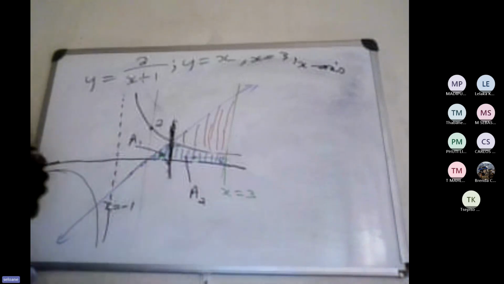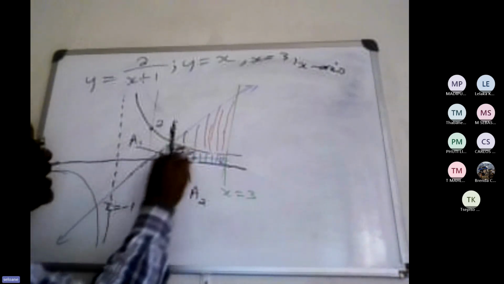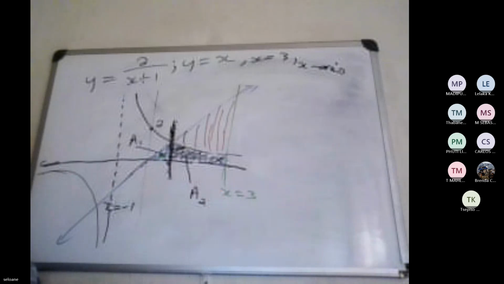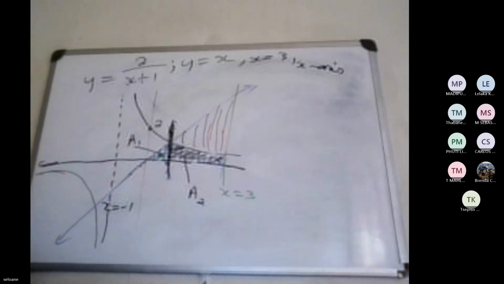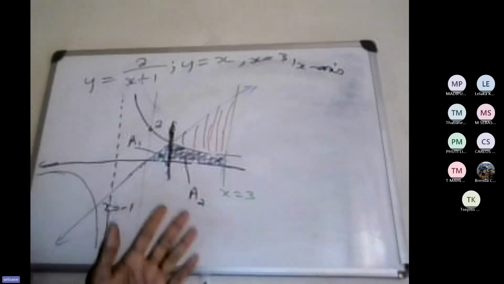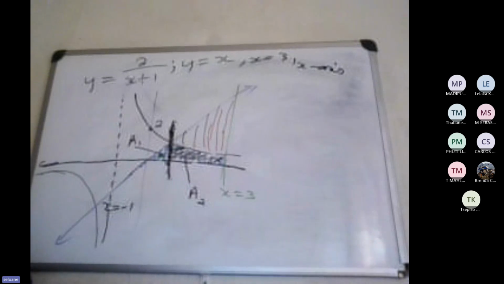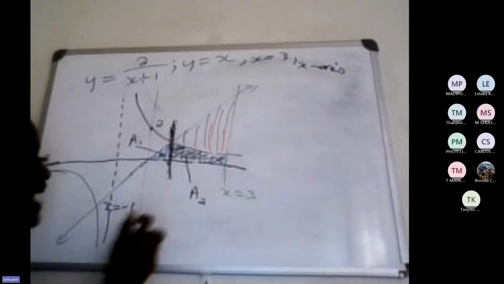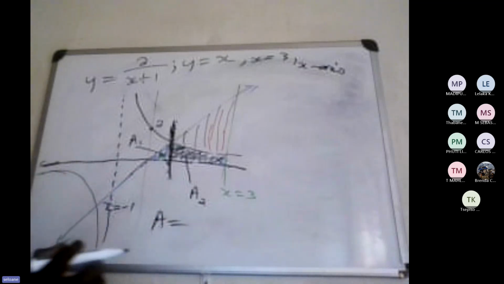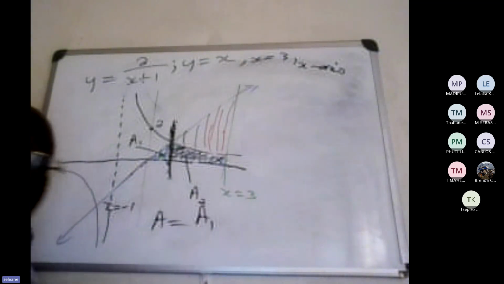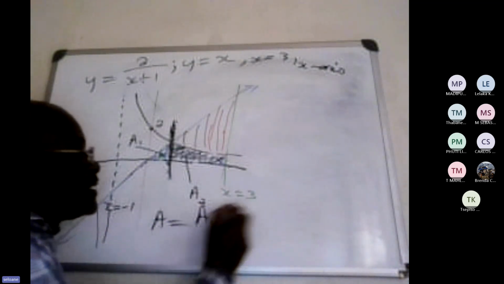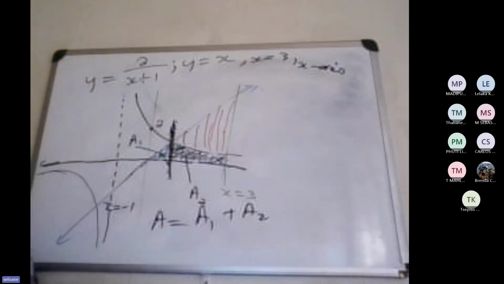If you are in A2, that is only this, it will be the same top and the same bottom, irrespective. Therefore, the area A will not be the area of this plus this. It will be this. Does it make sense?